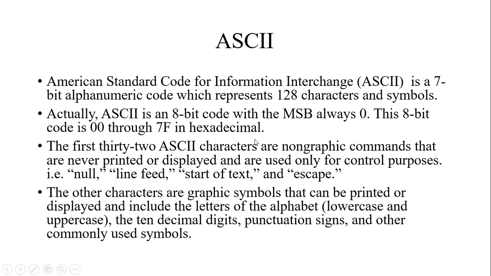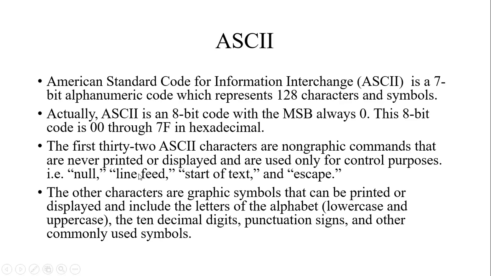The first 32 ASCII characters are non-graphic characters. They are never printed or displayed and are used only for control purposes. Examples of non-printable control characters are null, line feed, start of text, and escape.